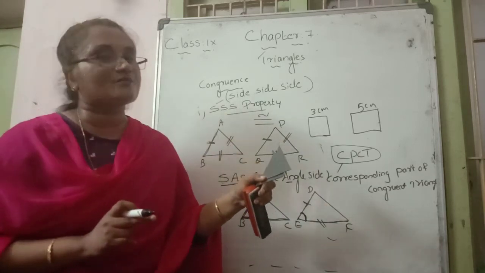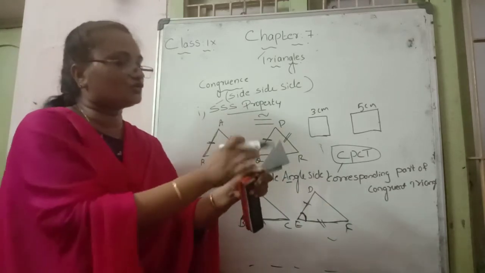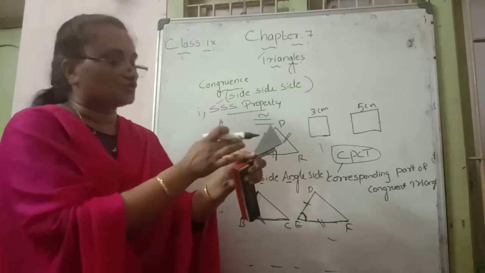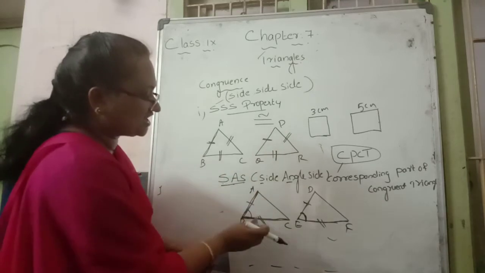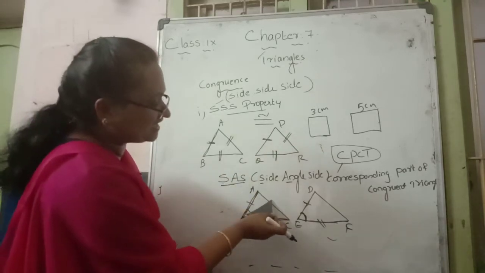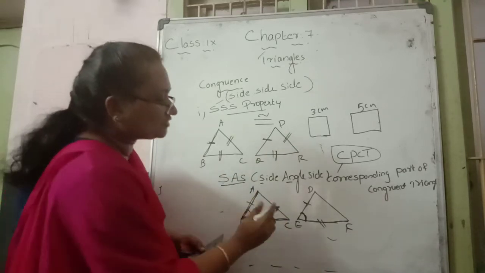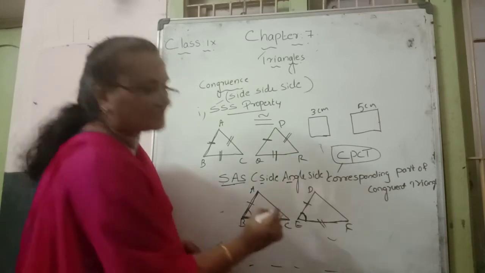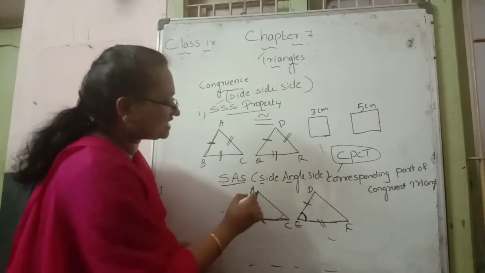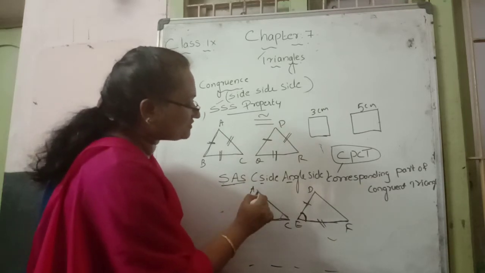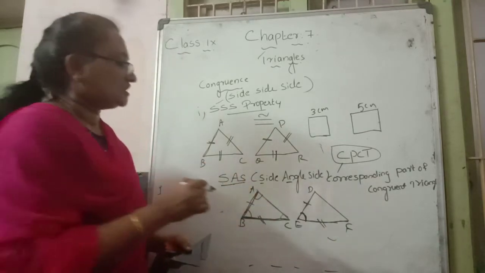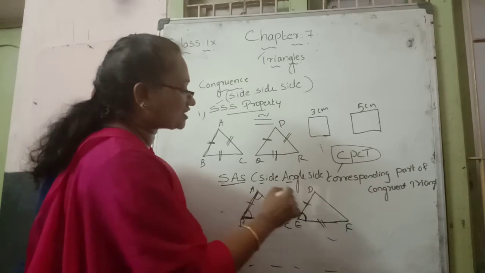In the SAS property, what are they telling? Two sides and their included angle. Suppose you take AC and BC, which angle do they include? Suppose you take AB and AC as the two sides; AB and AC include which angle?